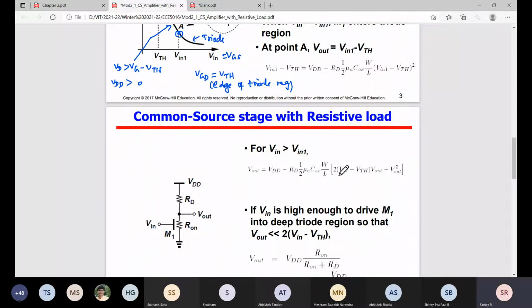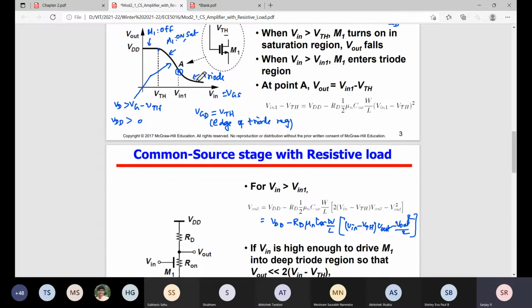So I bring the 2 inside: (Vin minus VTH) into Vout minus Vout square divided by 2. It is the same formula, where Vout is VDS. So this is the equation for this region beyond A, where Vin is greater than Vin1, in the triode region.